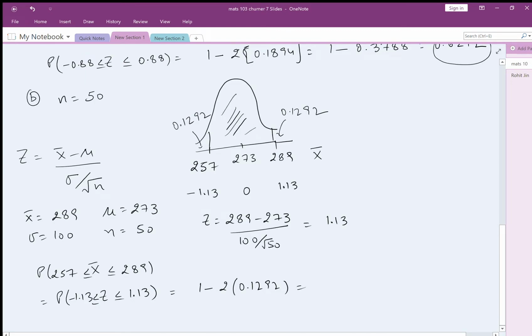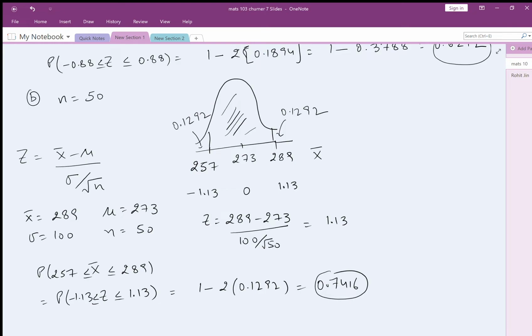Let me just use my calculator. The answer is 0.7416.